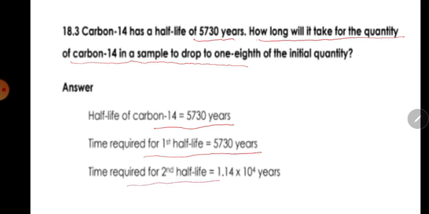Time required for second half-life is this one multiplied by 2. And time required for third half-life is multiplied by 3, 1.72 cross 10 raised to power 4 years.